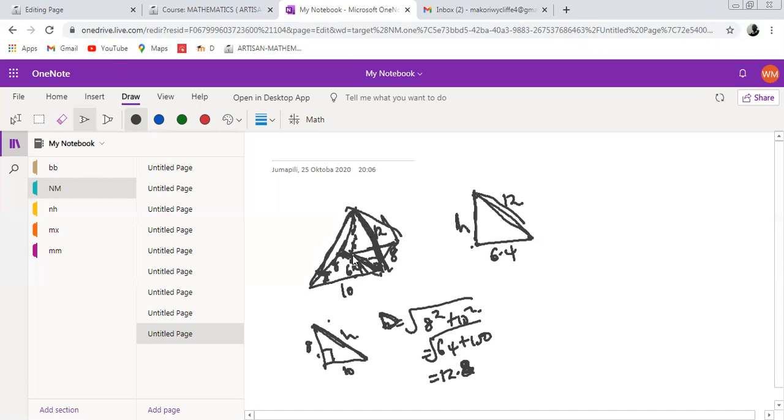So we are going to have that particular right angled triangle where we have 6.4 as the base and the slant is 12.